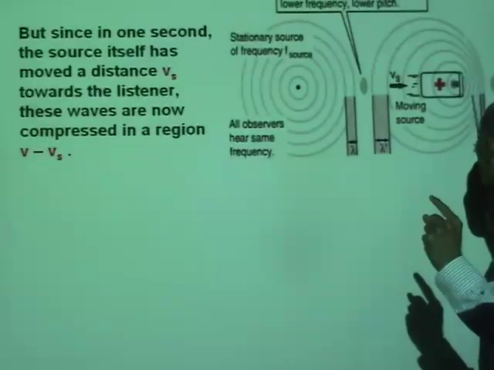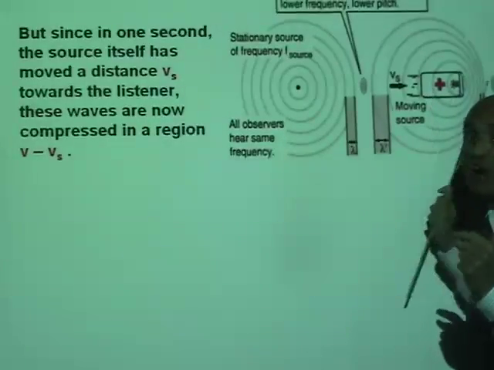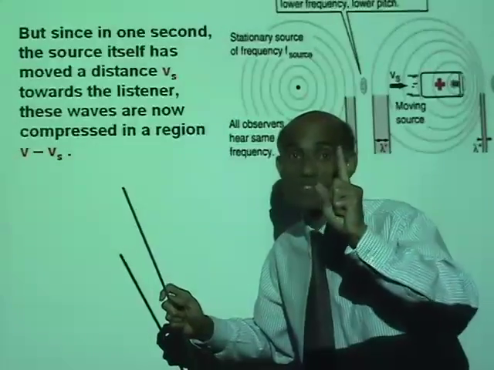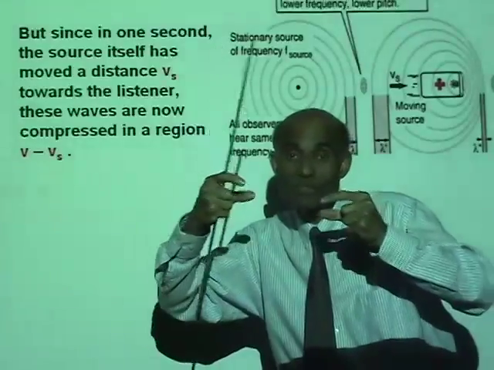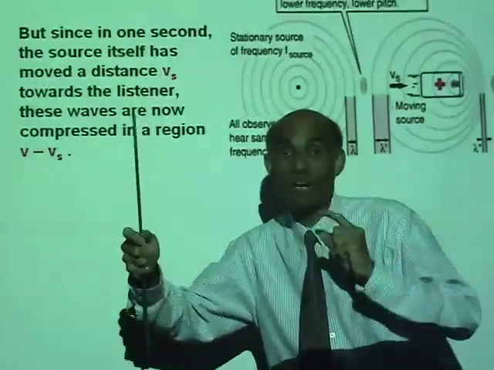Suppose these are all the waves produced in 1 second. If the source is not moving, all those waves produced in 1 second are spread in a region V, because V means so many meters per second in 1 second.